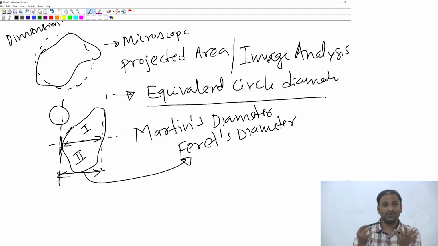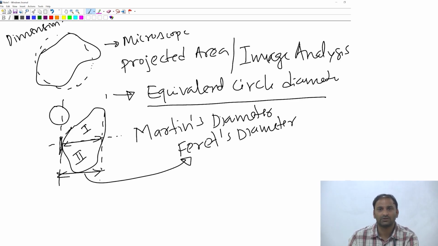As I said, it depends. So if I were to do it, maybe the best description would be you draw tangents at different orientations. You get a dimension for every orientation, the diameter that bisects the area into two equal halves, and take an average of that. I think that would be the best representation of a Martin diameter.